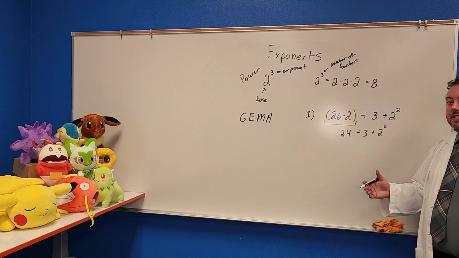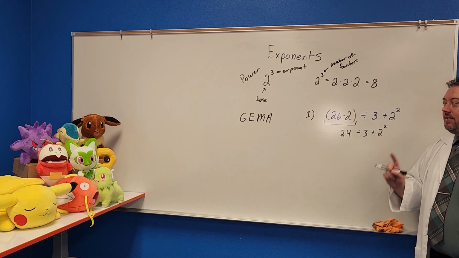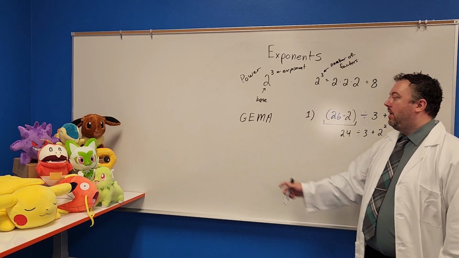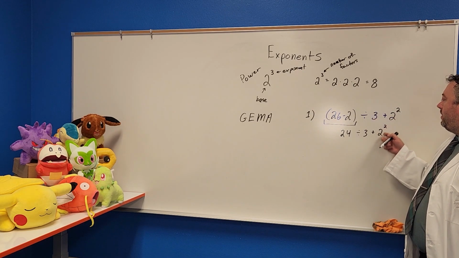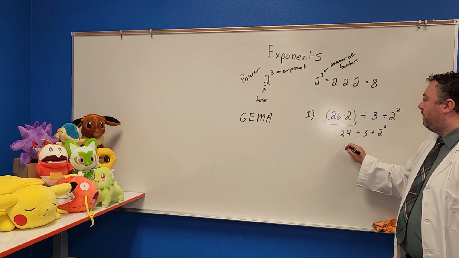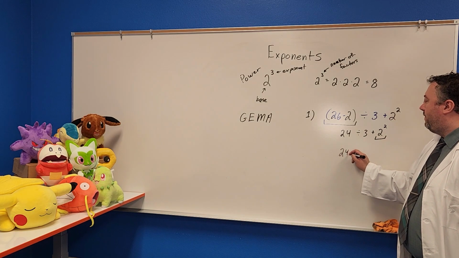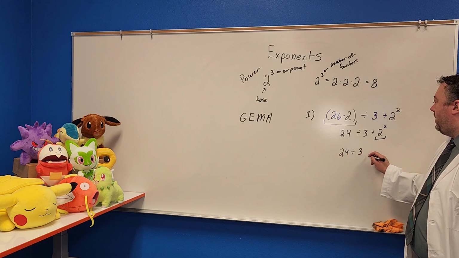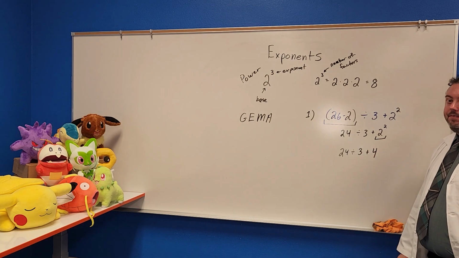Some of you may be tempted to go straight into 24 divided by 3, but that is not the order of operations. What comes next are exponents, so I'm going to do 2 to the 2nd power first. So I get 24 divided by 3 plus 4.